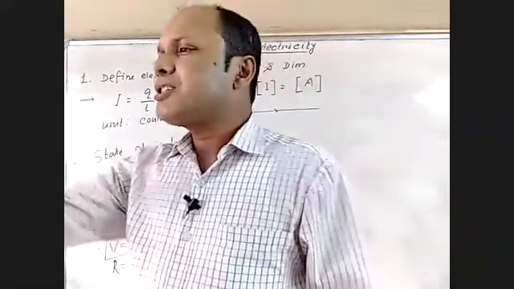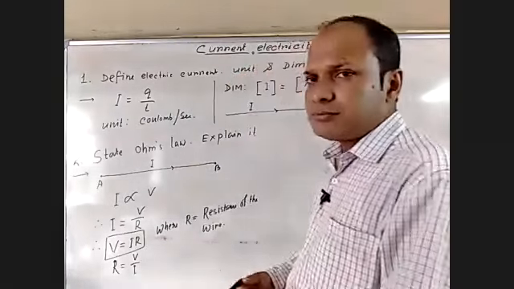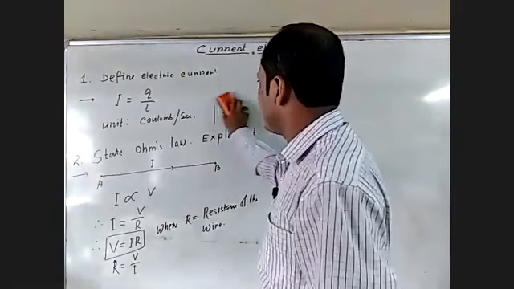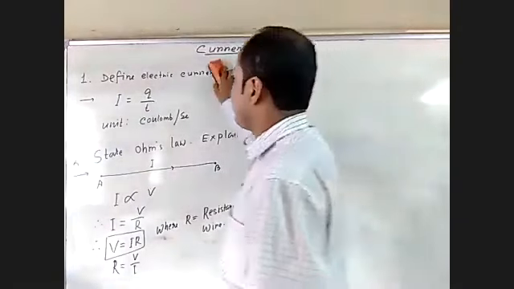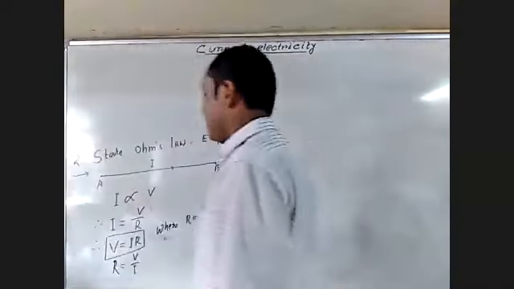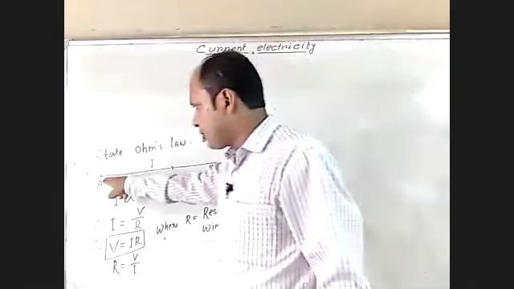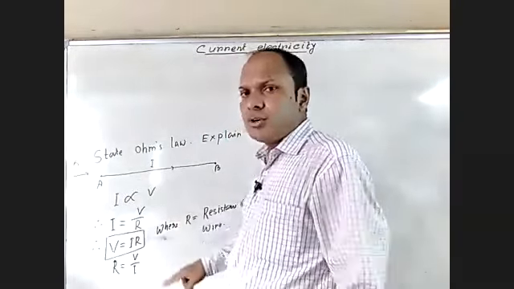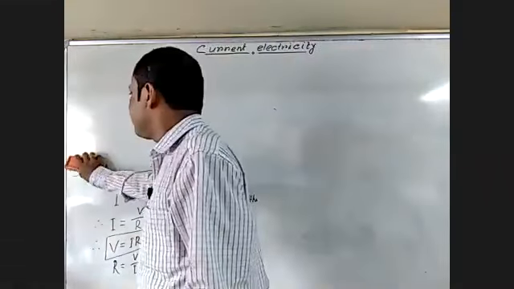The mathematical definition is that the ratio of the potential difference across the two ends of a conductor and the current flowing through it is called the resistance of that conductor, of that substance, of that object.